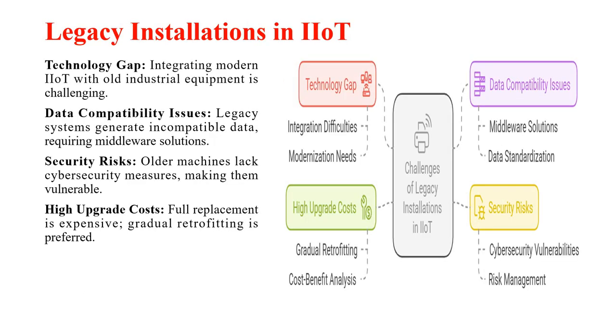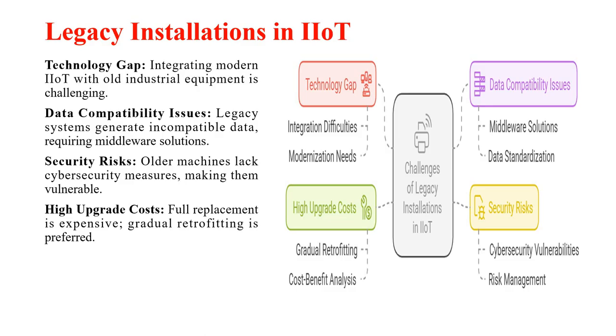Then you have legacy installations in IIoT. As the technology is rapidly evolving, integrating modern industrial IoT systems with legacy industrial equipment becomes a significant challenge, and many industries still rely on older machinery which lacks the connectivity and computational power required for the industrial IoT.